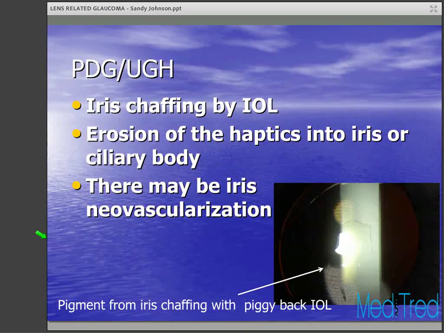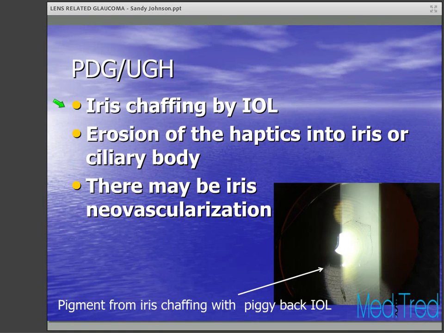Here's another patient with more just the pigmentary glaucoma. You can see here that this patient has a multifocal lens, but actually the refraction didn't come out quite right, and her ophthalmologist put a piggyback IOL in her eye as well. So now she had a lot of lens, one in the bag and one in the sulcus, and the one in the sulcus started to cause iris chafing.